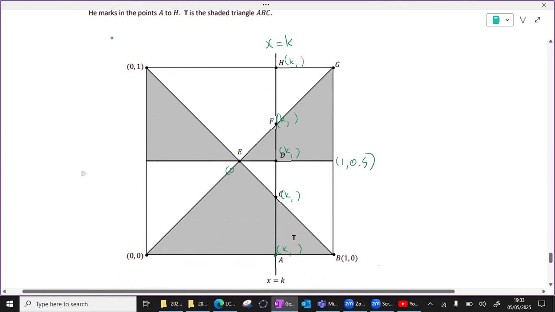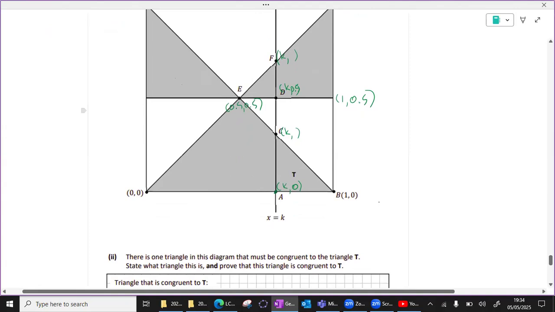This would be 0, 0.5. This is 1, 1. So actually that makes this H, k, 1, because you're going the whole way up. And actually this is k, 0. So we have quite a lot of points there. And actually this is 0, 0.5 because you're halfway up at that stage.